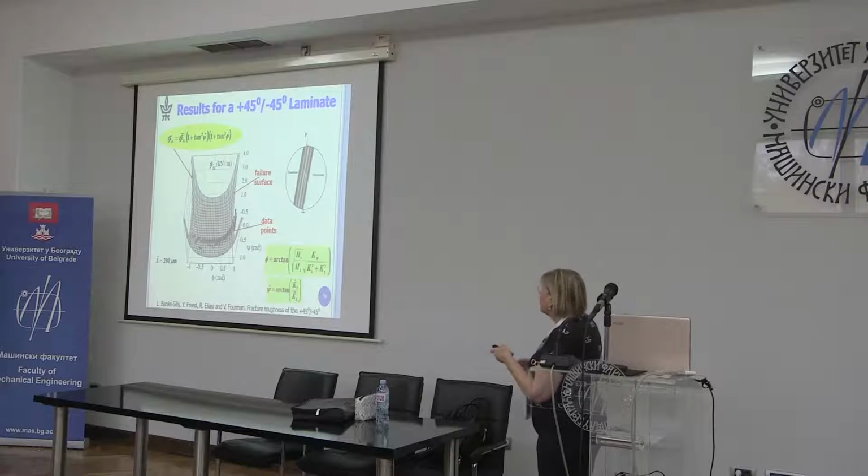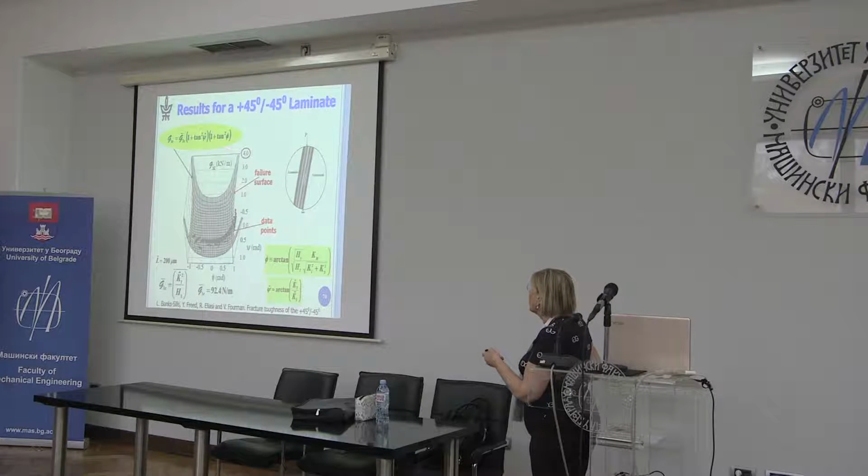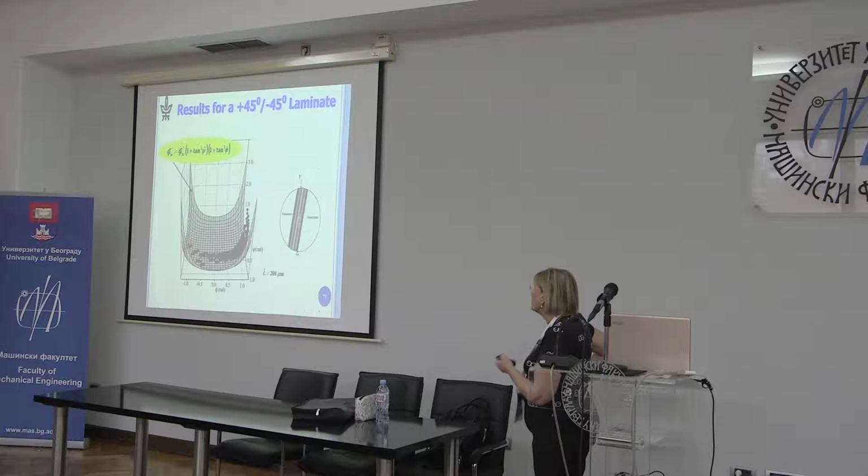So if you notice, this is 4, and we have a G1C of 92.4. When we used our statistical analysis, in the next slide, you can see that the surface has been lowered. Now my highest value here is 3 kilonewtons per meter, and we've paid a price, of course.